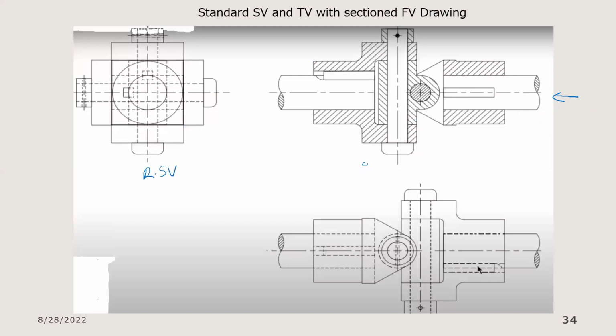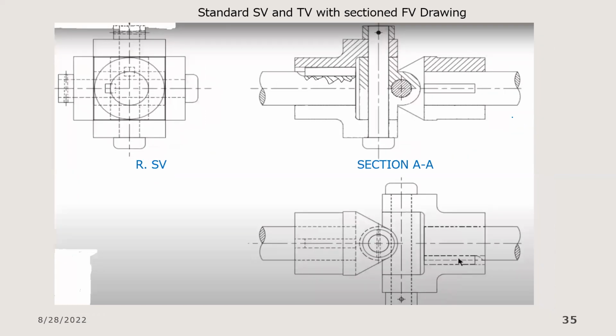This is our sectioned front view, and this is our plan. The question did not ask for the plan, but I'm just including it for the purpose of explanation. So we are done solving our questions because we have this and we have this.